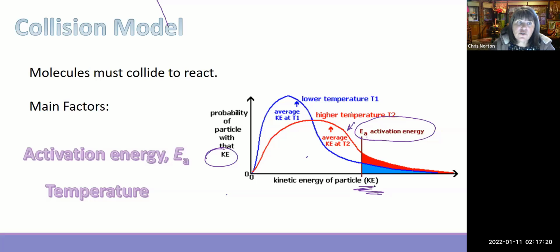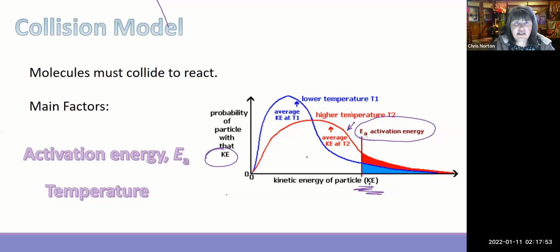What does change when you increase the temperature is what? I'll repeat it. Number one, increasing the temperature does not change the activation energy threshold.